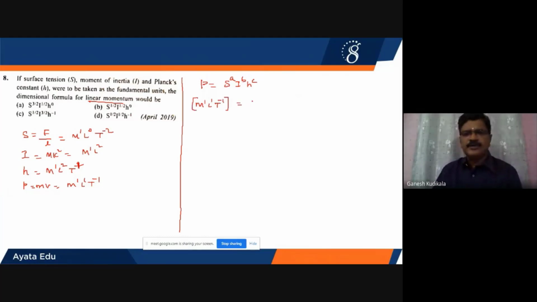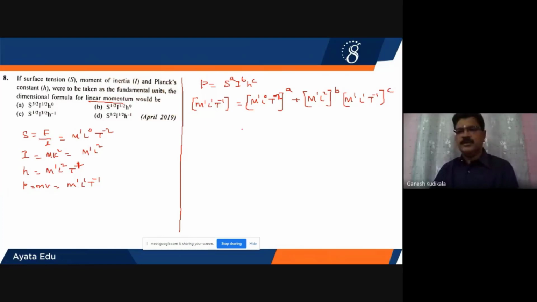Surface tension is M1 L0 T to the power of minus 2, whole to the power of A. And next is moment of inertia M1 L2 T to the power of 0, to the power of B, and Planck's constant M1 L2 T to the power of minus 1, whole to the power of C.